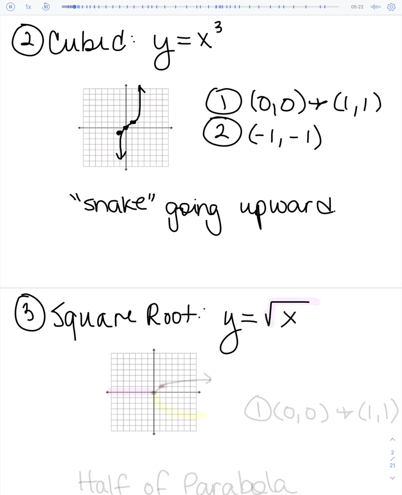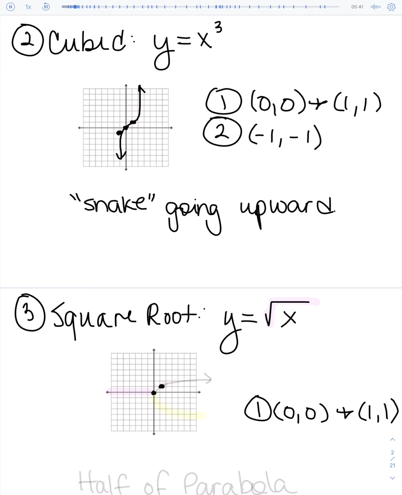It will look like the parabola kind of thrown on its side. It will still start out with the same original points, 0, 0, and 1, 1.